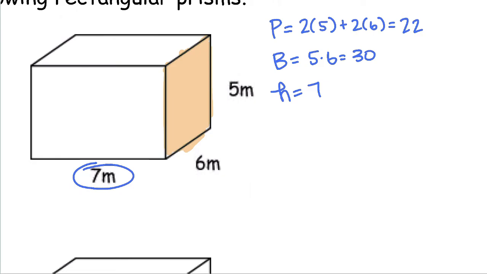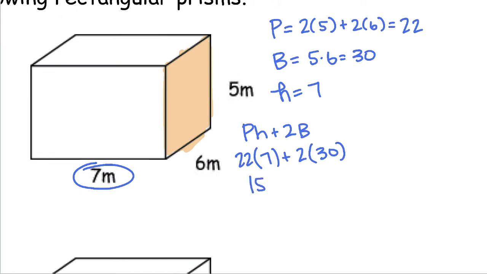So these are the numbers we're going to use in our calculations. To find our surface area, we're going to do PH plus 2B. The first part of this will be our lateral area. So it'll be 22 times the height of 7 plus 2 times the area of one of the bases, which is 30. 22 times 7 is 154, plus 60.